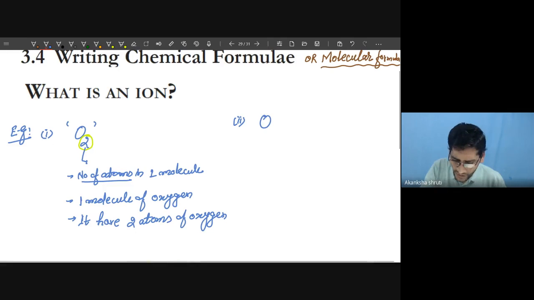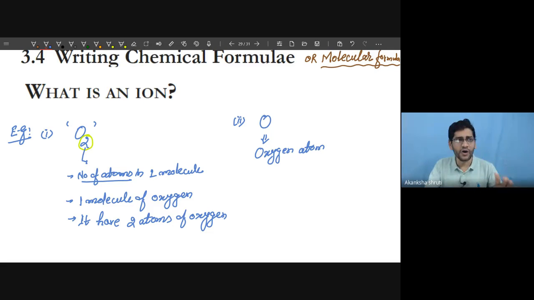Only O represents an oxygen atom, only one atom of oxygen.